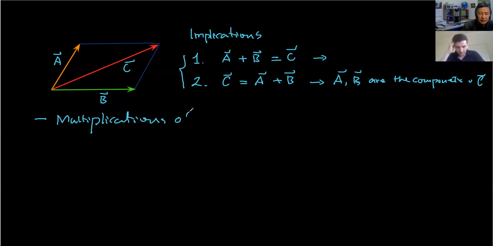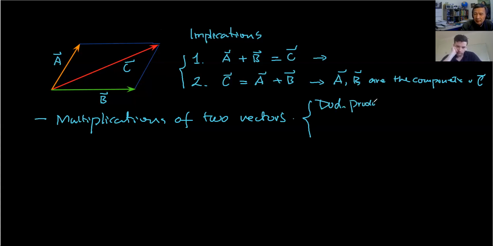Multiplication of two vectors. Yes, we can review that. One is called the dot product, another is called the cross product.